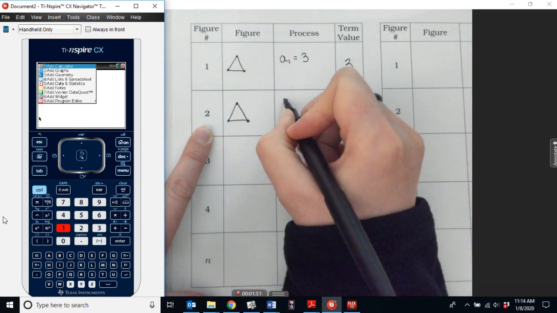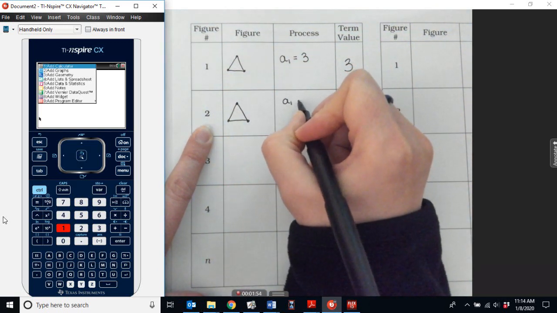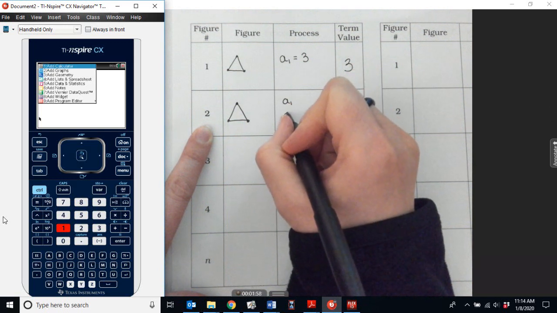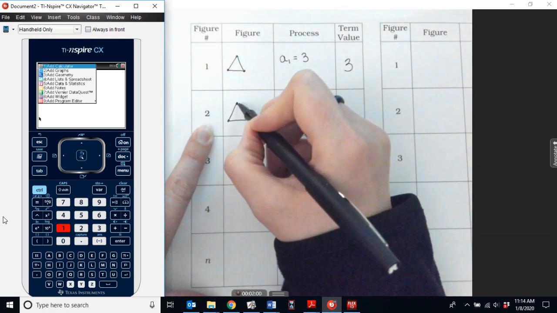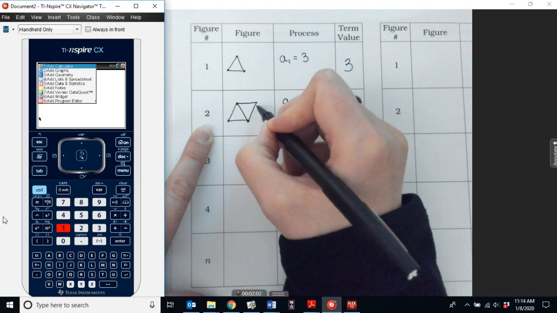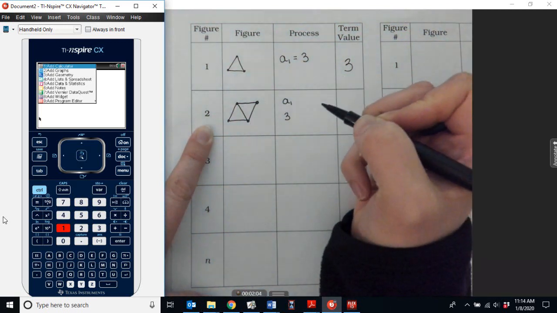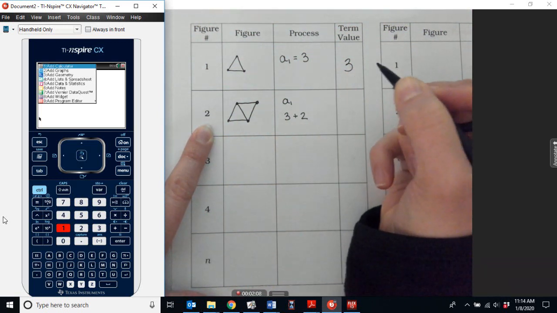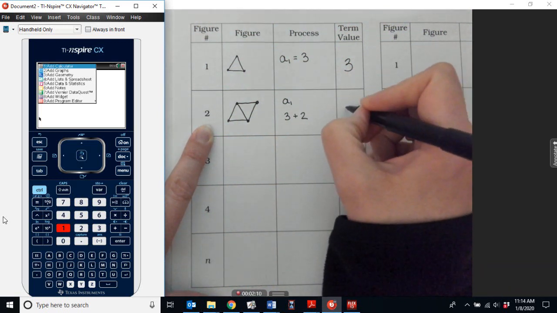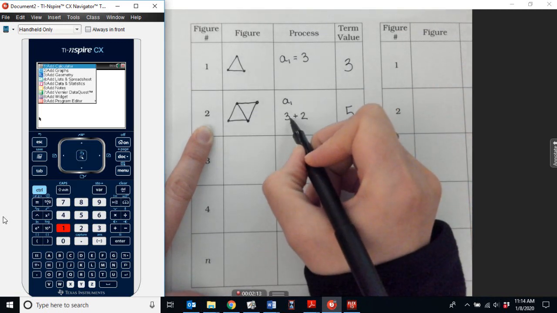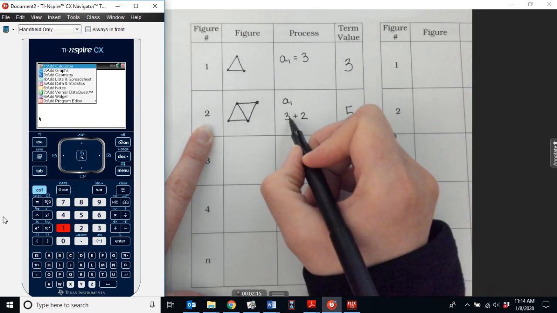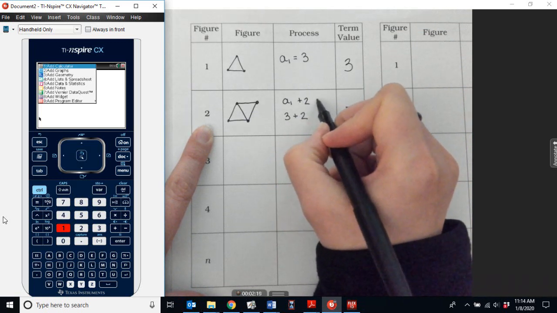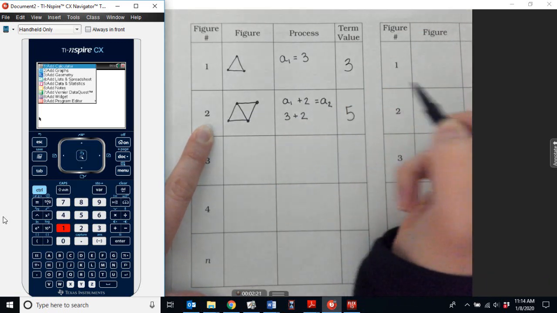So I'm going to take my first figure, which is 3. And then I'm going to add 2 more sides to it to create a pattern. So I'm going to add 2, which gives me 5. So now I'm taking my first term, which was A of 1, and I'm adding 2 to get my second term.